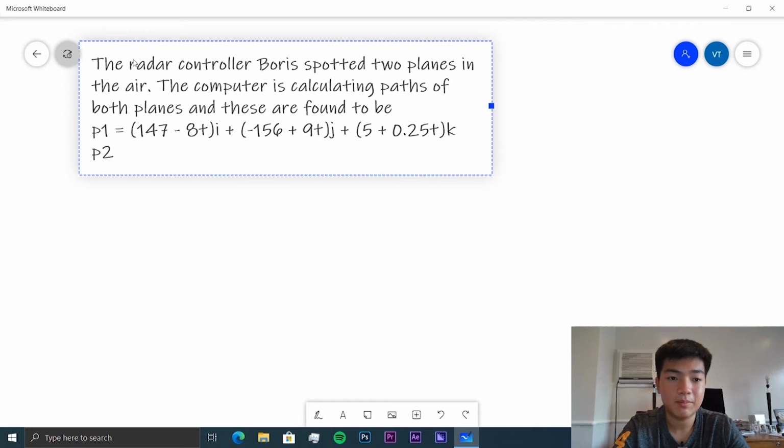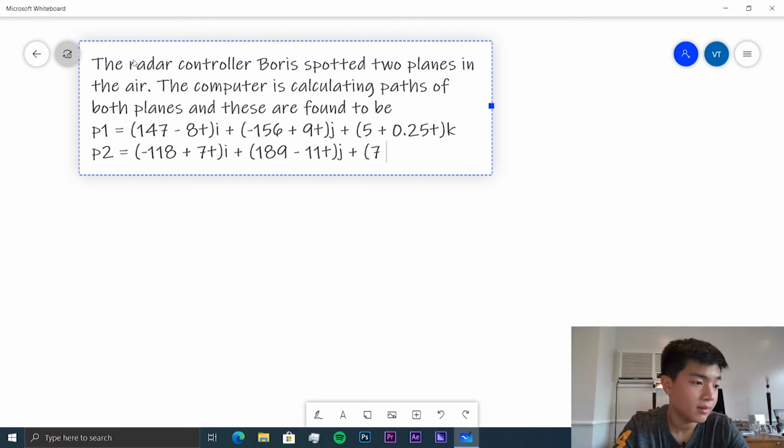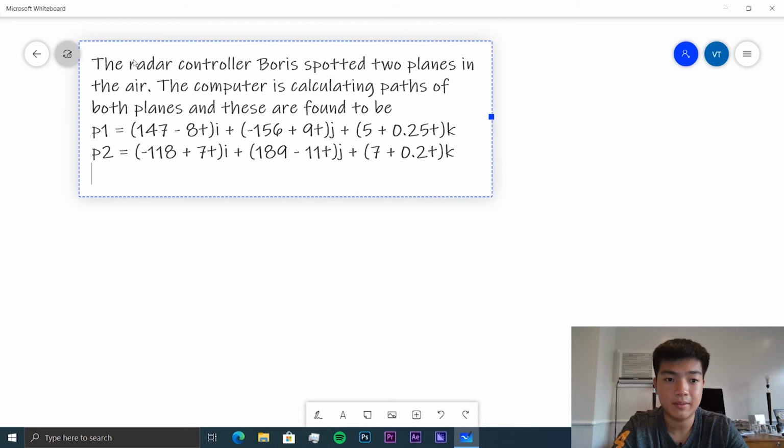And then the second plane is equal to negative 118 plus 7t times i plus 189 minus 11t times j plus 7 plus 0.2t times k.